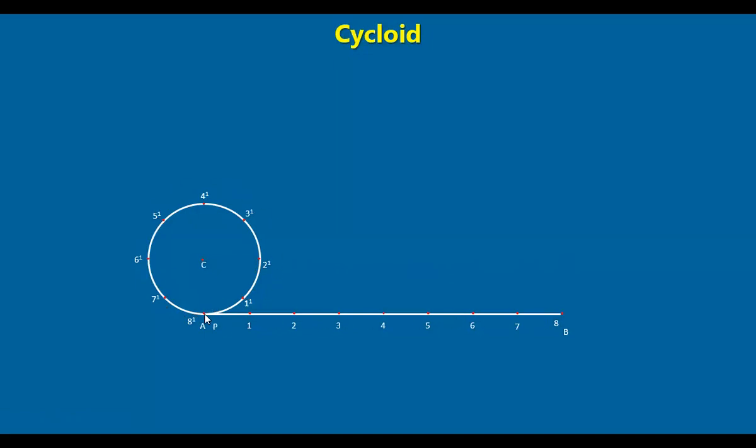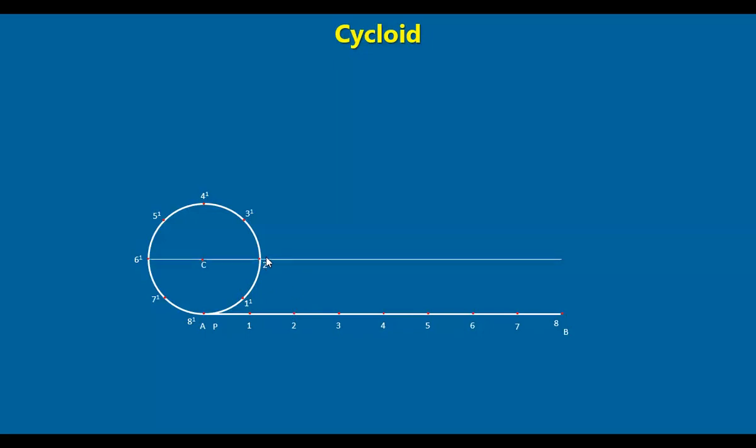The circumference is equal to this much, and each part here is equal to this curved length. So when the circle center is moving to this position, 1 dash comes in contact with 1 here. Similarly, when it moves further, 2 dash comes in contact with 2 like that.